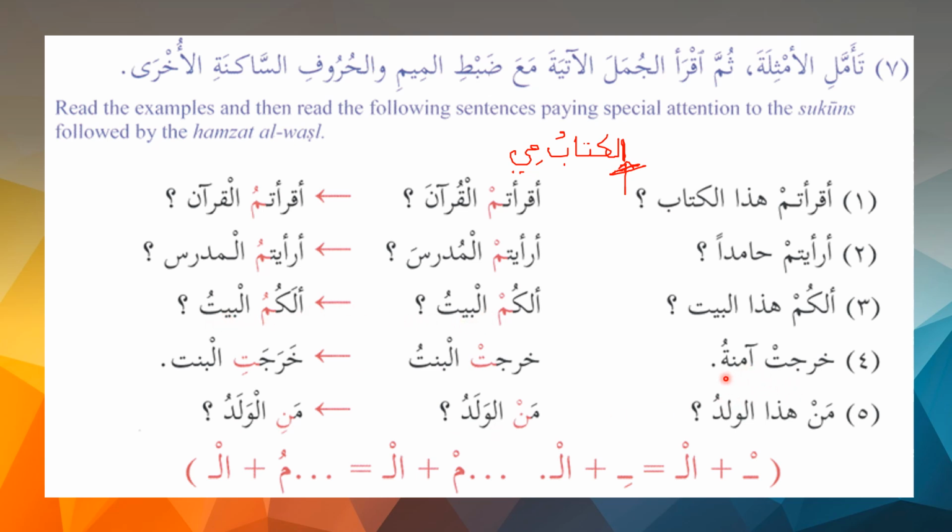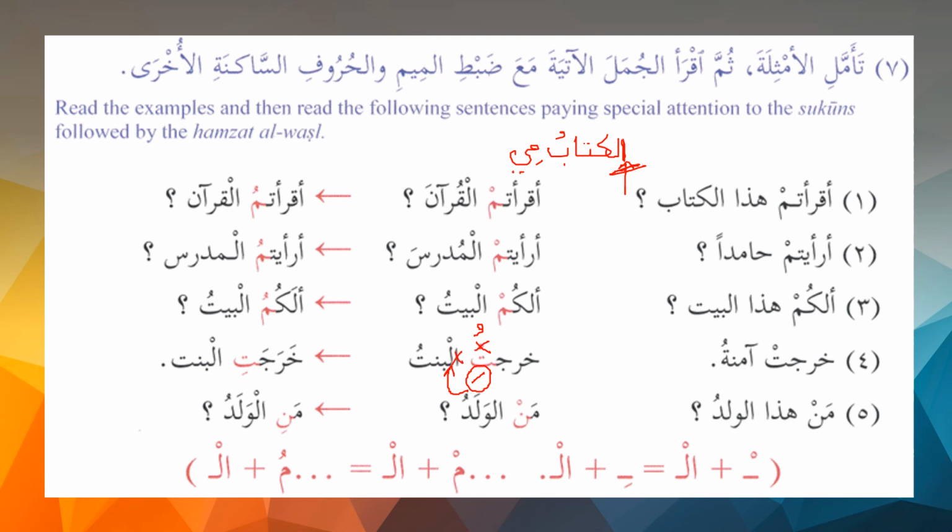Kharajat aminatu, kharajatil bintu. So now what is happening here? Instead of giving a dhamma, a kasra has been given to the ta ta'nith. Kharajatil bintu. You cannot say kharajatul, because this dhamma with ta ta'nith will replicate the damir from the first group for ana. So that's why a kasra has been given to the ta ta'nith to join directly to the lam, and hamzatul wasl gets cancelled.